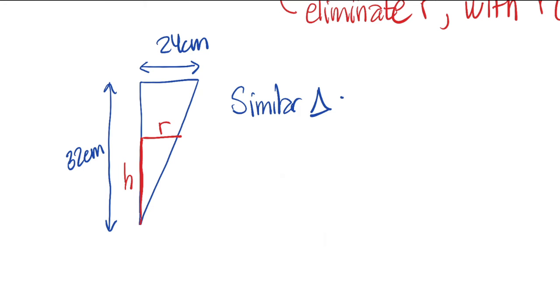and that will mean that the ratio of the radius and the height of the water level will be equal to the ratio of the radius of the cone over the height of the cone. And now we're able to rearrange this expression and isolate r.